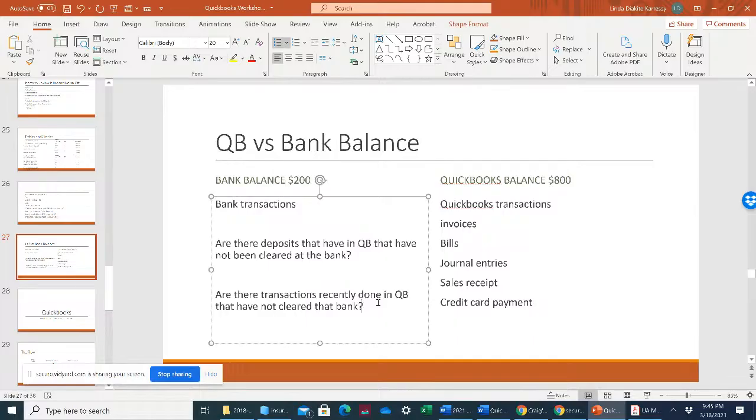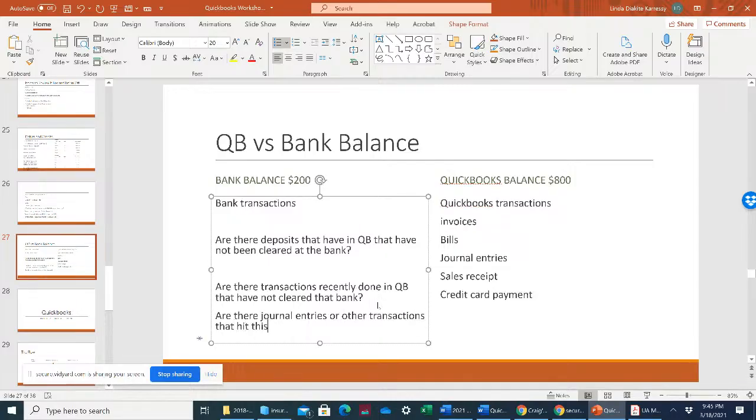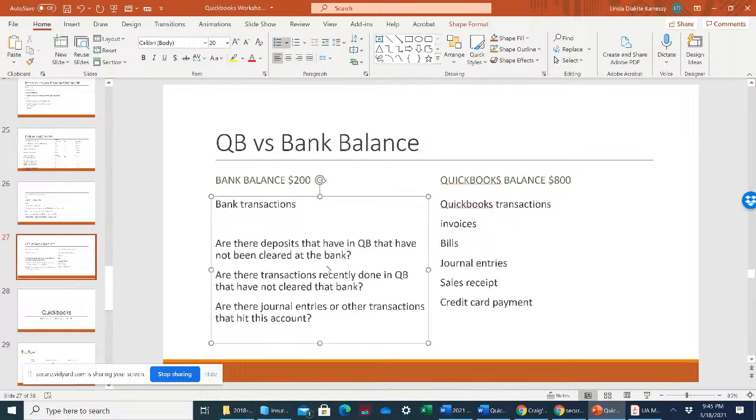Now, you could ask yourself, are there journal entries or other transactions that hit this account? So once again, there's no amount that you should say, okay, this QuickBooks balance and bank balance is totally incorrect.